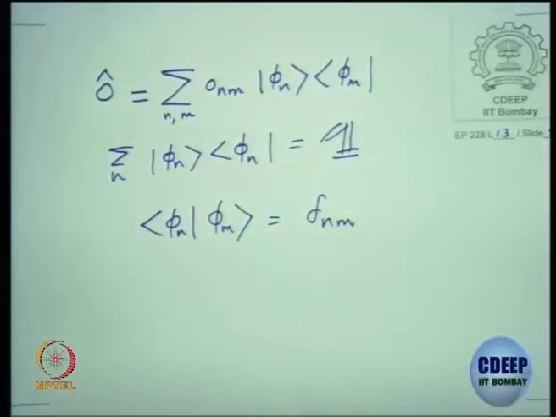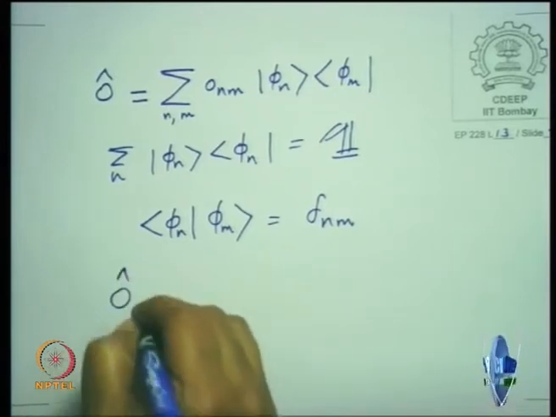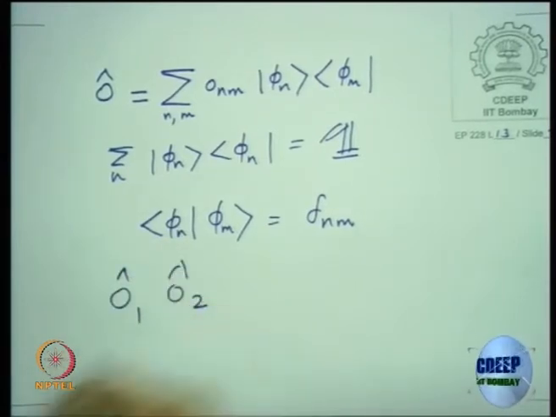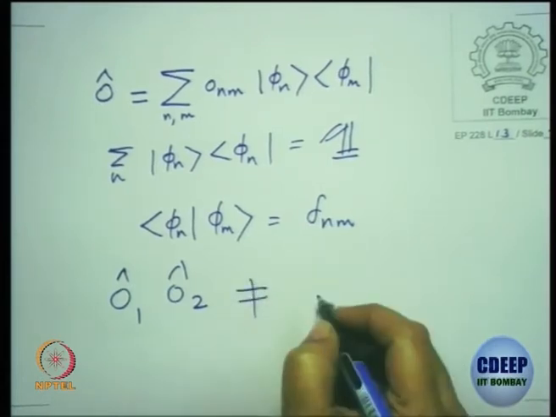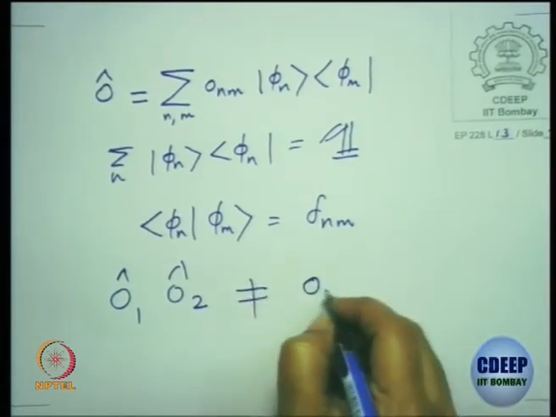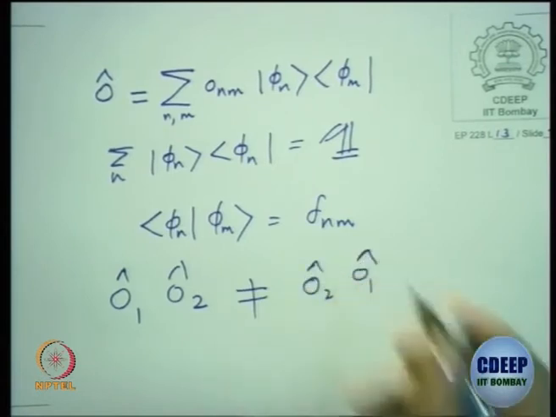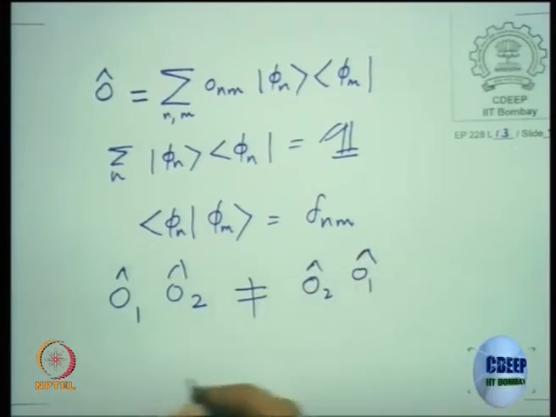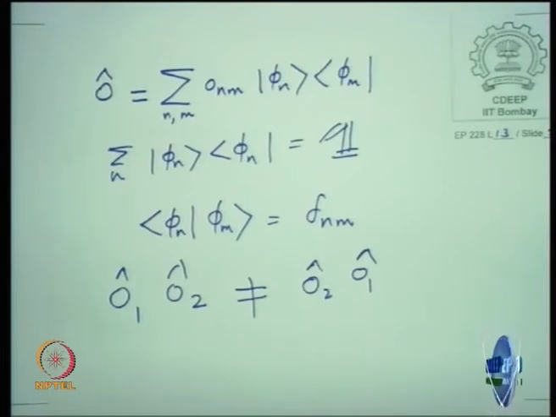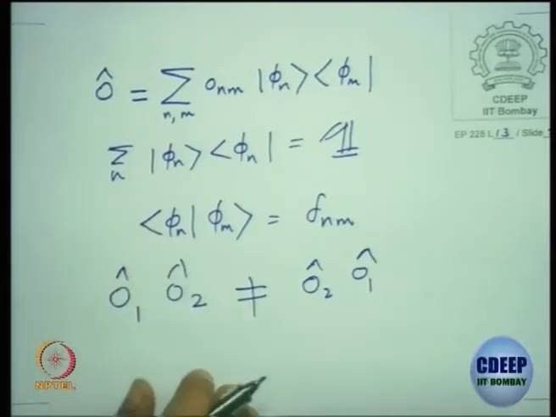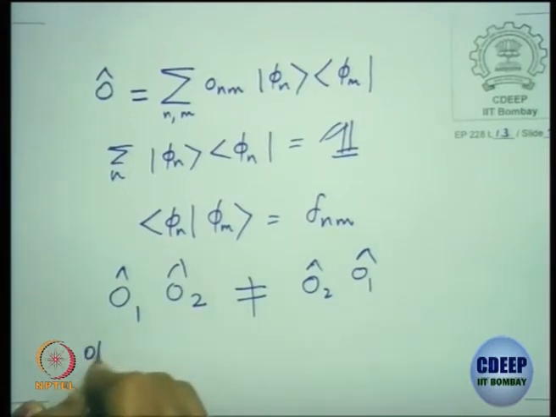If you have two operators O1 and O2, then O1 O2 in general is not equal to O2 O1. Whenever you have products, remember that observables in your theory are given by Hermitian operators.